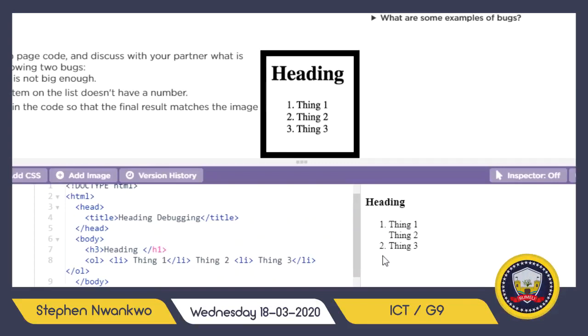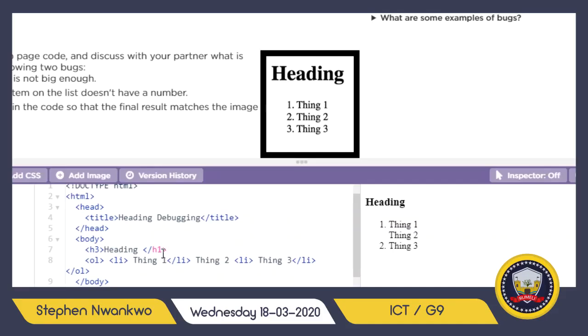Now this is a typical example of a bug. Looking at the code for the heading tag, this is H3 tag and this is H1 tag. Now in web pages, whenever a tag is in pink color or red color, it means a bug.